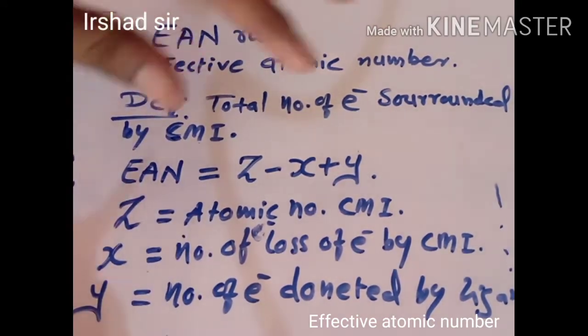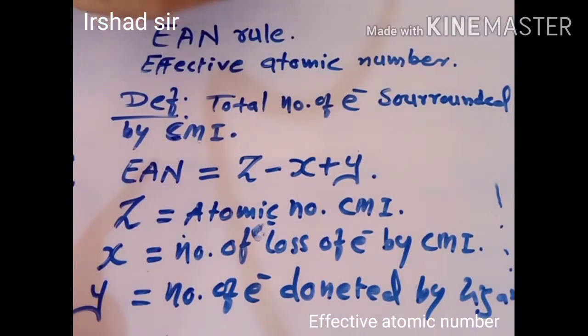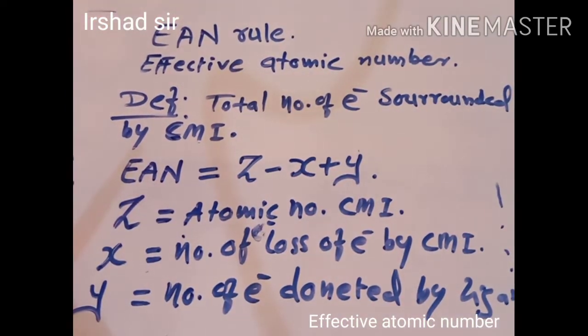Now by using this formula, EAN equals Z minus X plus Y, we shall calculate the effective atomic number of a given complex ion, and also conclude whether it obeyed the EAN rule or not. If it achieved the nearest noble gas electronic configuration, then it obeyed the EAN rule.